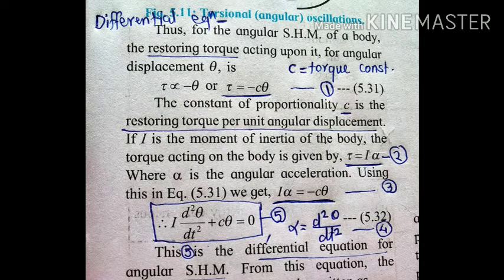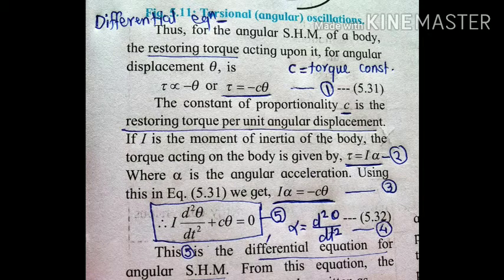That is, alpha is equal to d by dt of d theta by dt. That is, alpha is equal to d2 theta upon dt square.